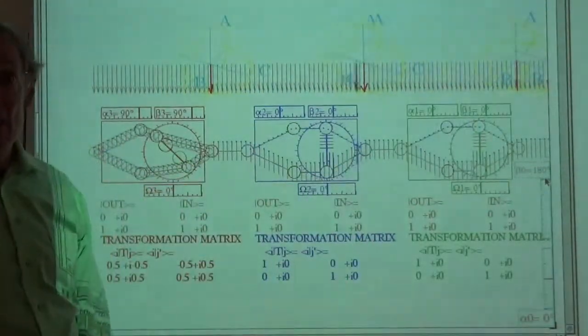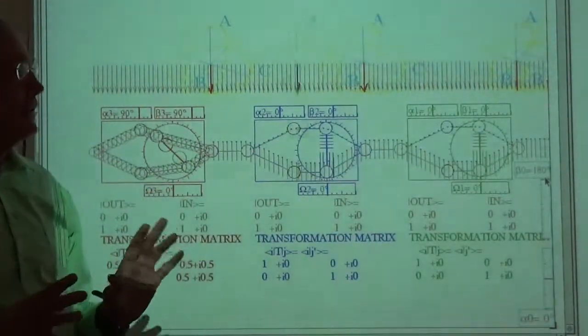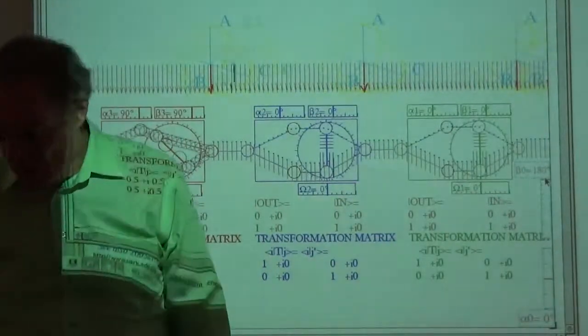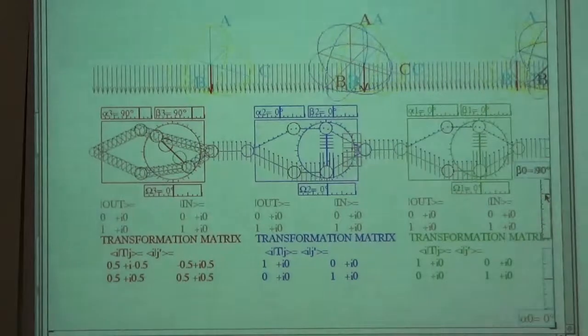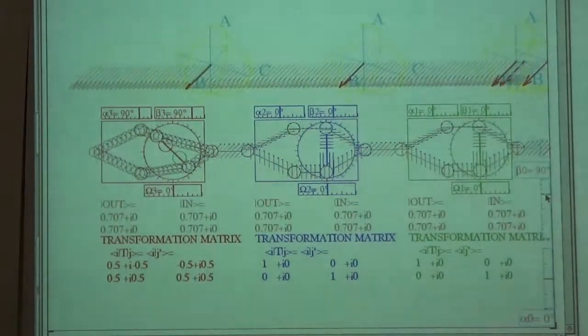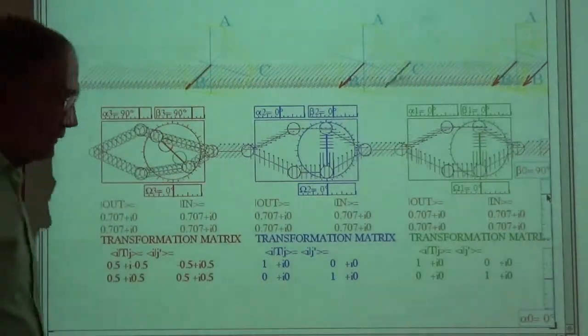So the analyzers are capable of putting arbitrary amounts in the top and the bottom, depending on how you affect the input state here. Let's go back to beta equal 90, which is a polarization of 45 degrees.